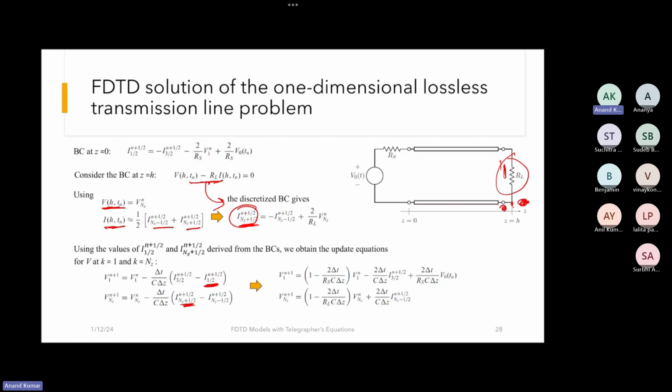We'll substitute them, and upon substitution we get the voltage values at the boundaries. So the voltage value at the boundaries are given in terms of the source resistance and the source voltage, and at the second boundary, which is at the load, is given in terms of the load resistance.